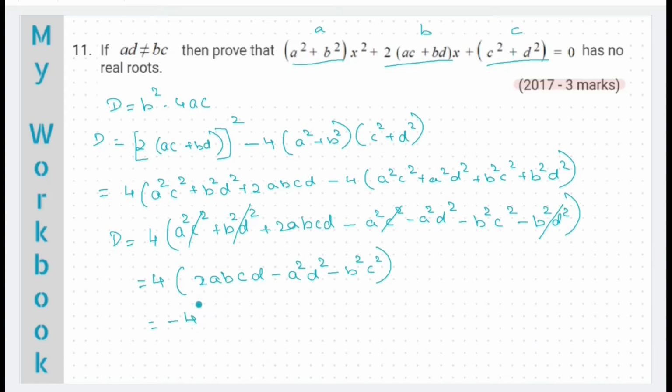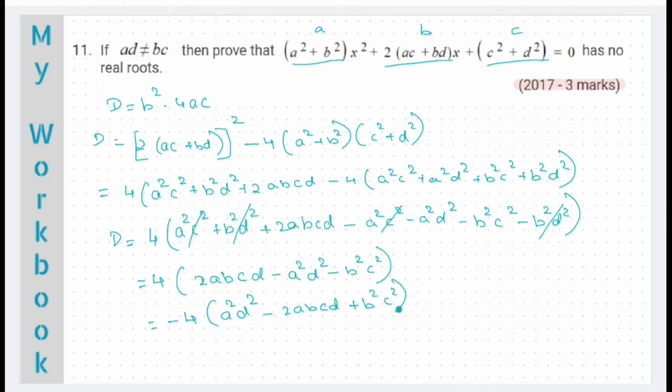Let's take out minus 4 as common and rewrite the terms. It will be minus 4 into a square d square minus 2abcd plus b square c square.